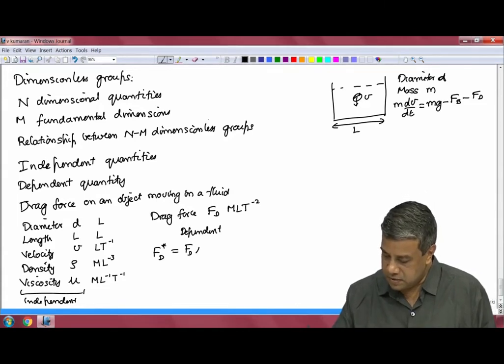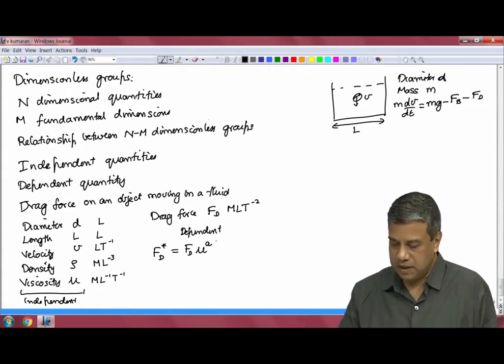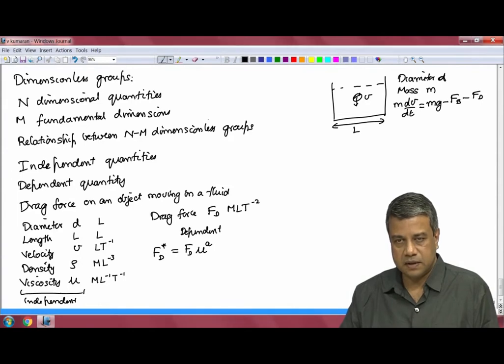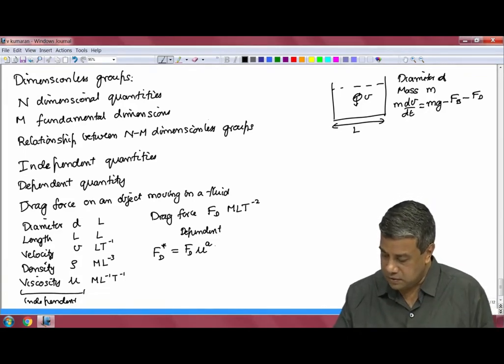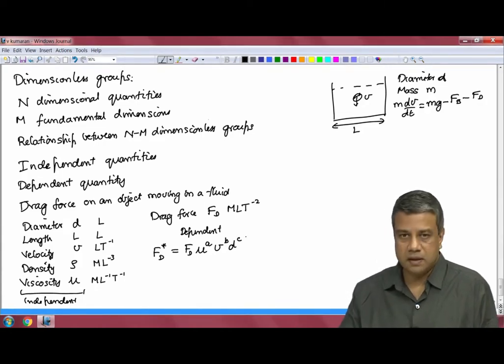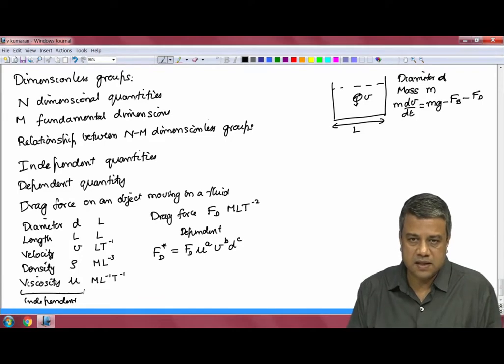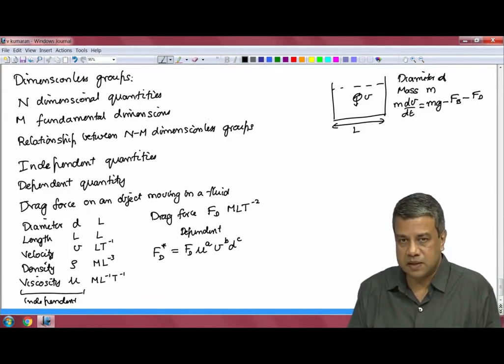In this case, I will choose the viscosity to unknown power a. And then it has also got to depend upon the length scale and the velocity. So, I will choose velocity power b and the diameter power c, where a, b and c are as yet unknown exponents, which will be determined from dimensional consistency.